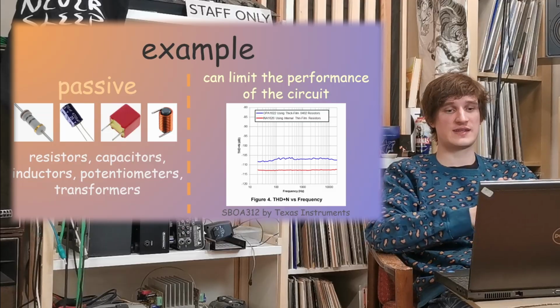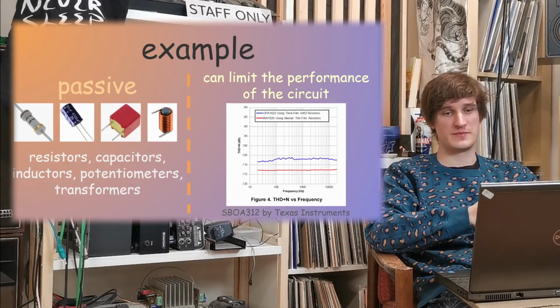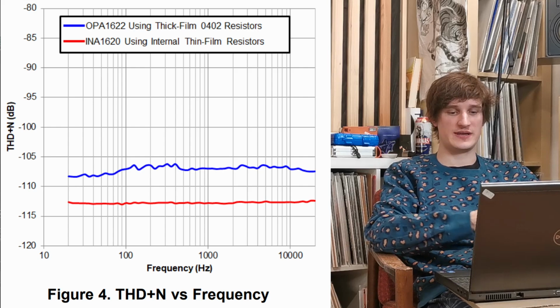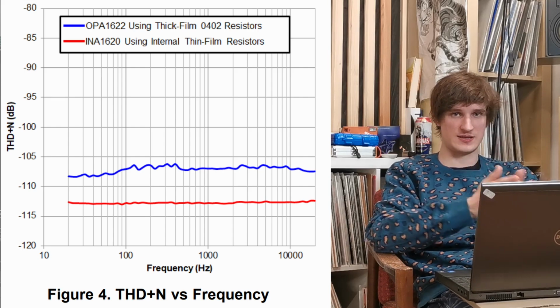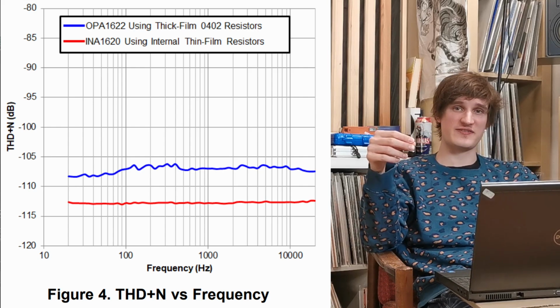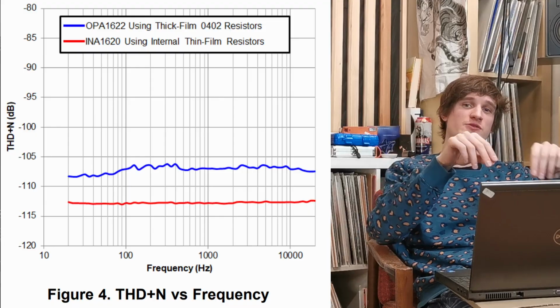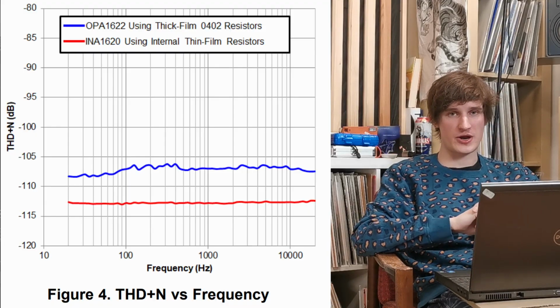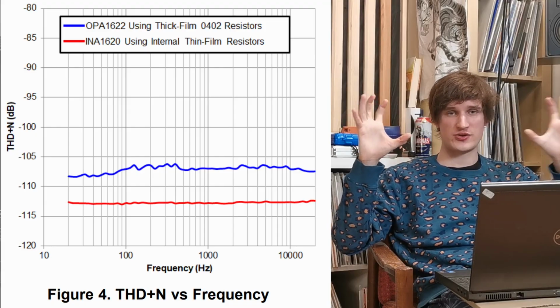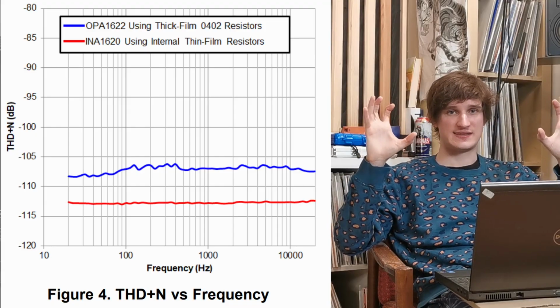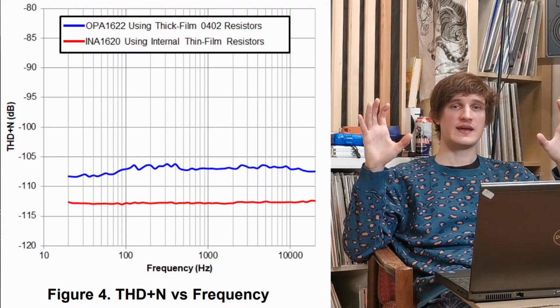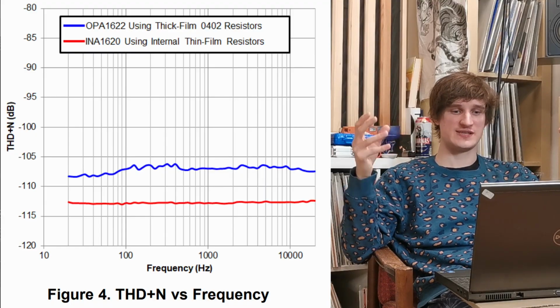And here I have an example for you about limiting the performance. I took it from a note by Texas Instruments analyzing their newest chip that has some thin film resistors on board. Essentially, they compared two very similar circuits, and the difference between those circuits was mainly the material of the resistors.